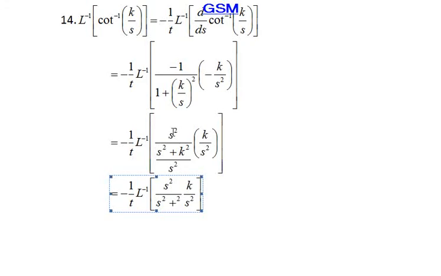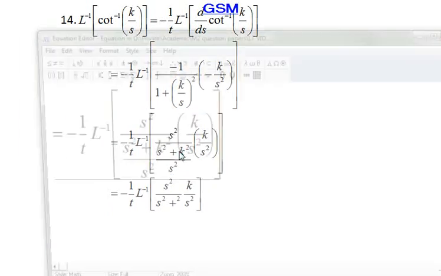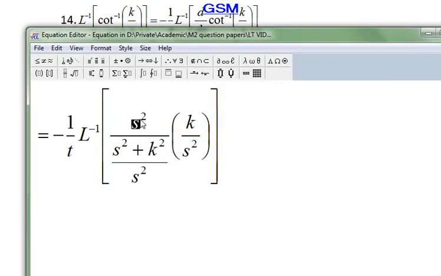Here this minus and this minus, the two minuses multiplied become plus. So plus k by s squared. The next step, bring this s squared to the numerator.